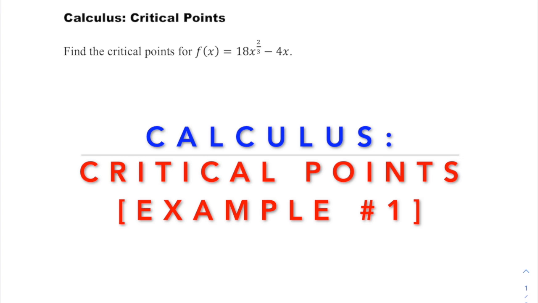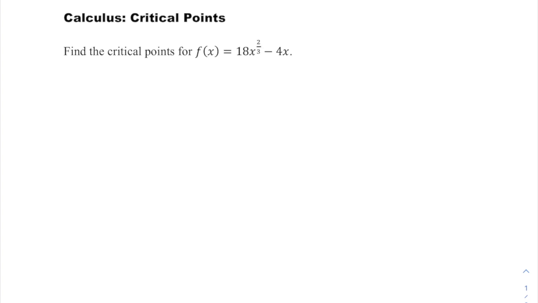And before we find the critical points for this function, let's talk a minute about what the definition of a critical point is. So a critical point is a value c such that f prime of c is equal to 0 or f prime of c is undefined.